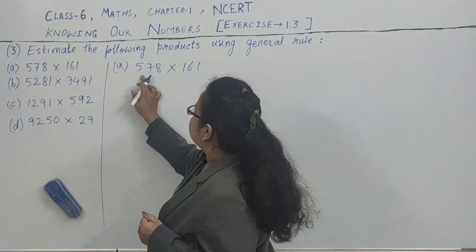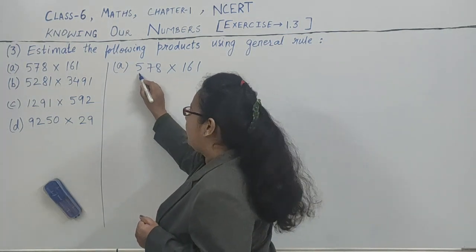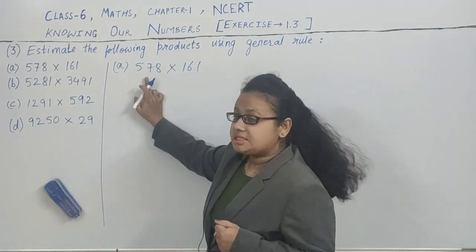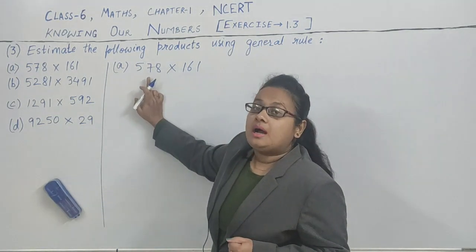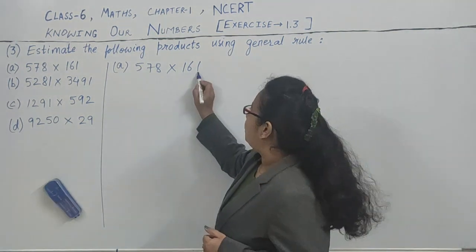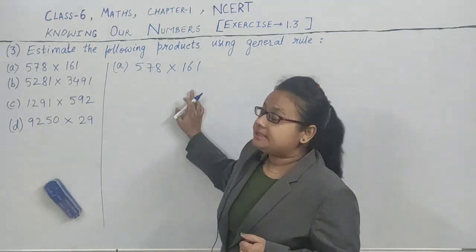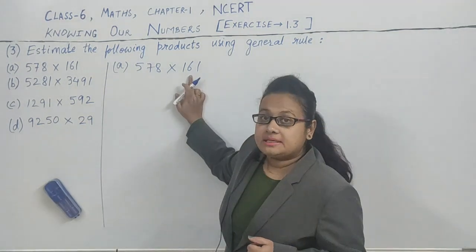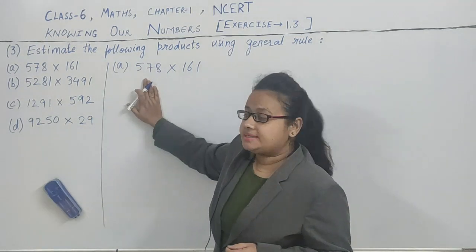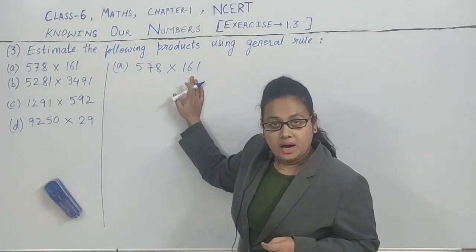What is the greatest place for this number? Ones, tens and hundreds. The greatest place for this number is hundreds, so this number will be rounded off to hundreds. And the greatest place for this number is also hundreds, so we will round off this number also to hundreds.